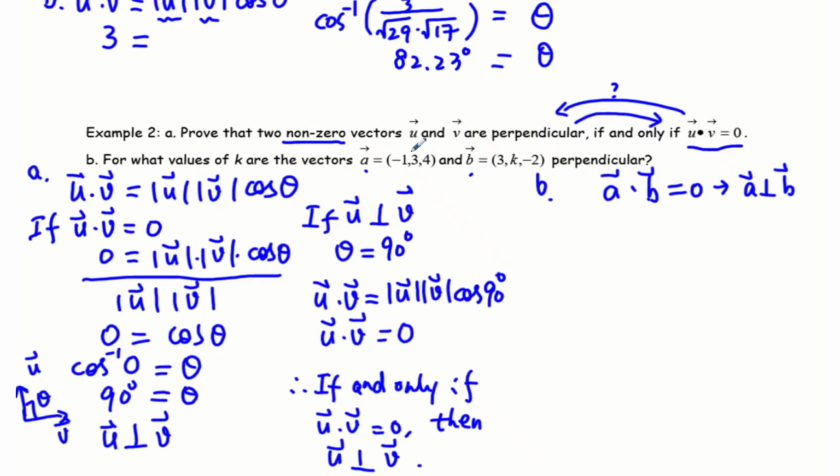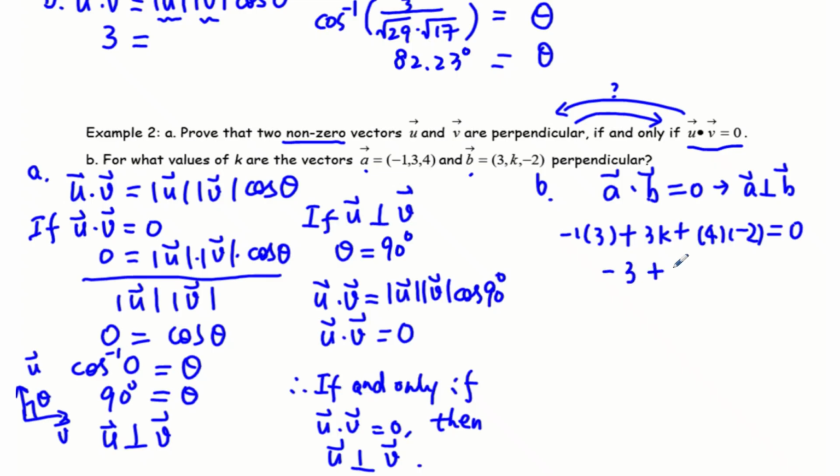So A dot B is x times x, negative 1 times 3, y times y is 3k, then z times z is 4 times negative 2, equals 0. So this is a linear equation. We know how to solve it. So get rid of the multiplication first.